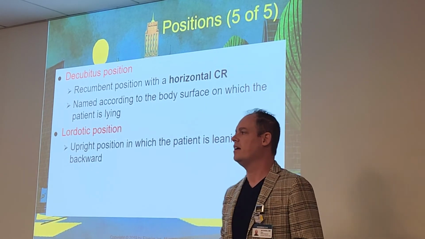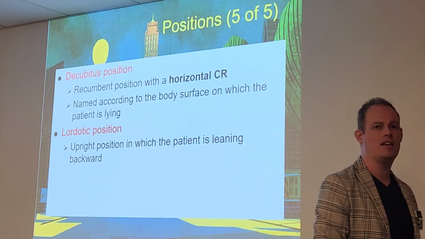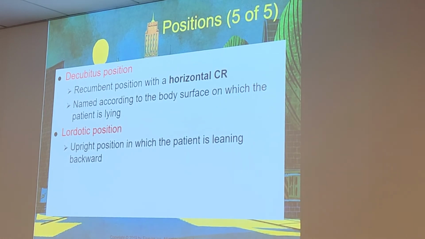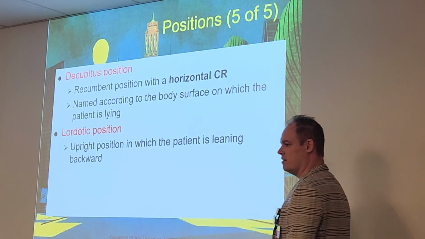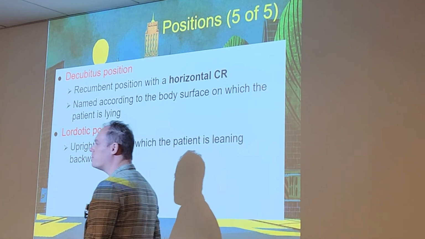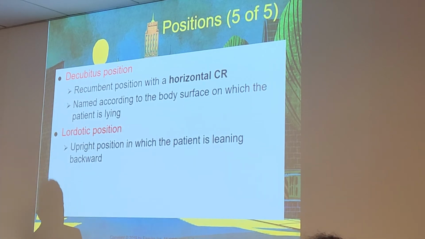Then lordotic, that's when the patient is upright and leaning backwards. Some of you practiced that in lab yesterday. Some of you practiced the decubs as well. Lordotic means the patient is standing upright and leaning backwards. Based on what you know, if I gave you a question like this, upright position in which the patient is leaning backwards, what's the only projection that could be?